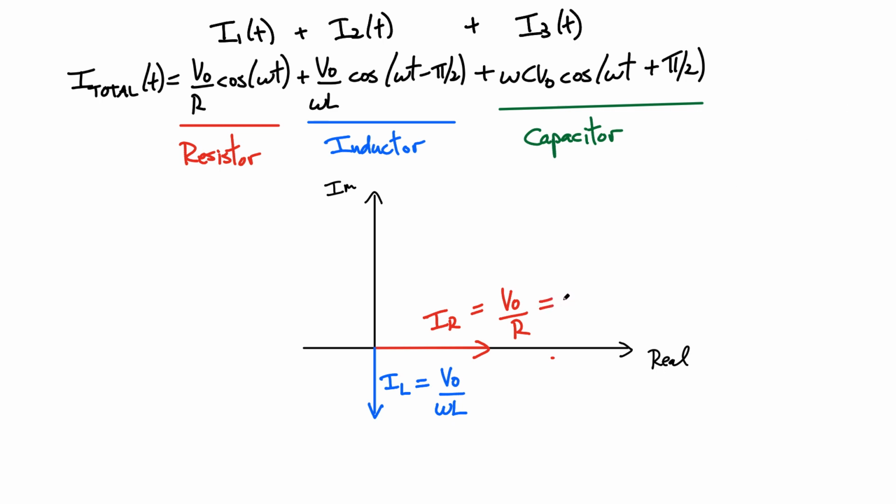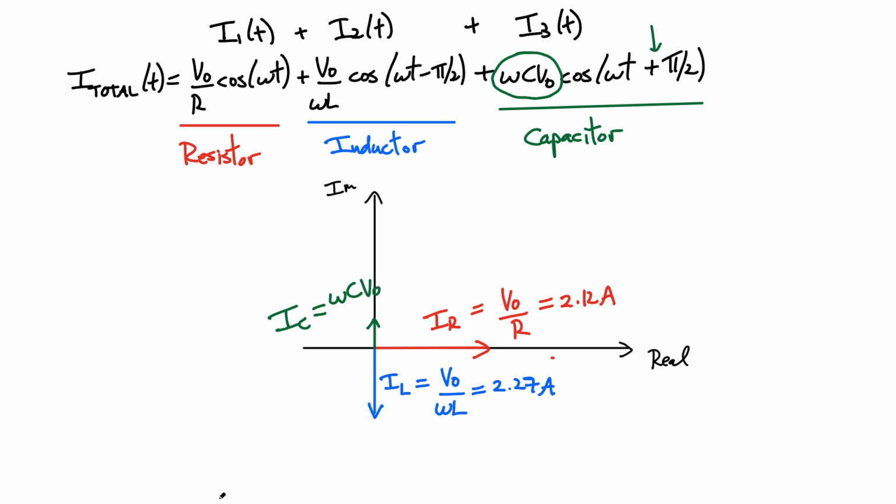Which value is this? This was like 2.12 amps, if I recall. And the blue one was a little bit bigger. The amplitude was 2.27. And the capacitive component now, if you look at it, it is plus, right? It's ahead. The current is ahead of the voltage by 90 degrees. So that one you would plot along this axis. However, I'm going to make it pretty small because if you remember the current that we calculated for this one, the maximum current in that capacitor was omega C times V0.